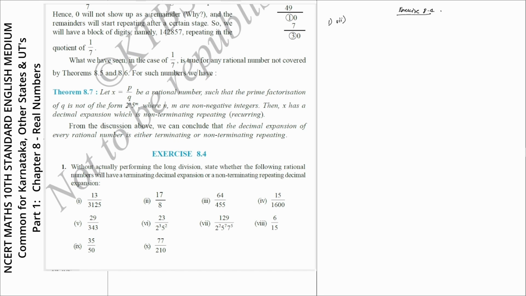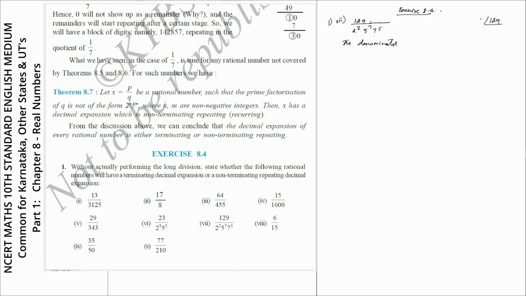Sub question 7. Given rational number is 129 by 2 power of 2 into 5 power of 7 into 7 power of 5. So this is very simple. Before that I'll factorize 129 also, the numerator, and I'll see if any common factors can be cancelled or not.